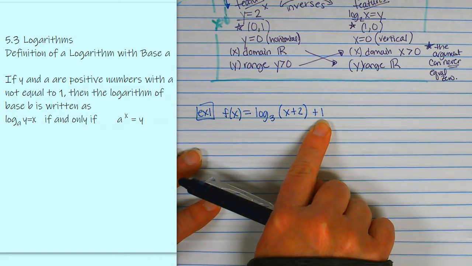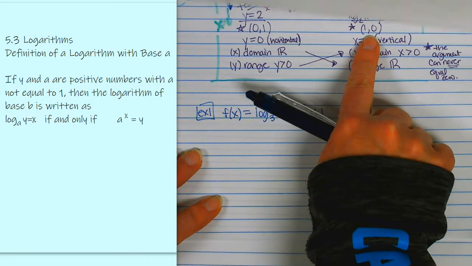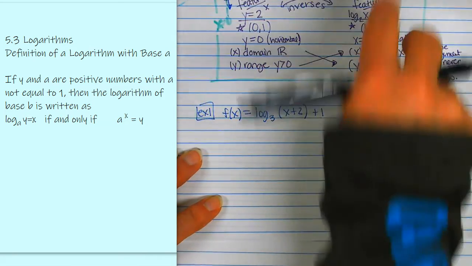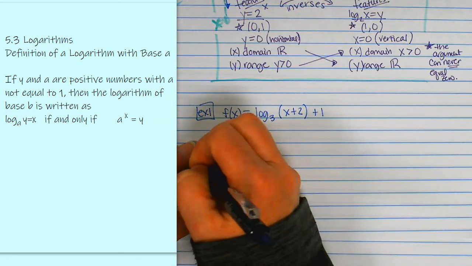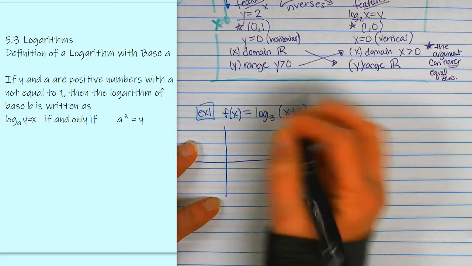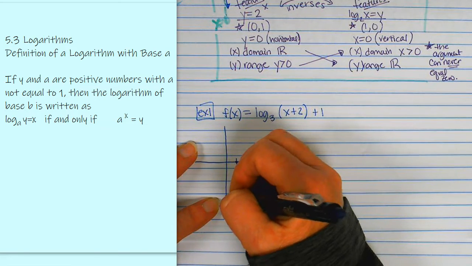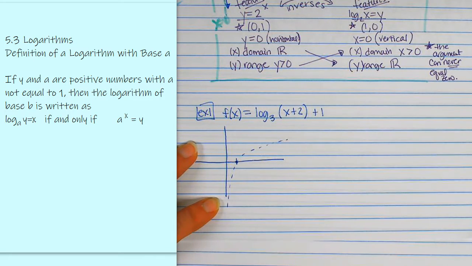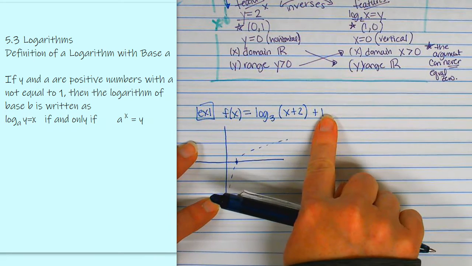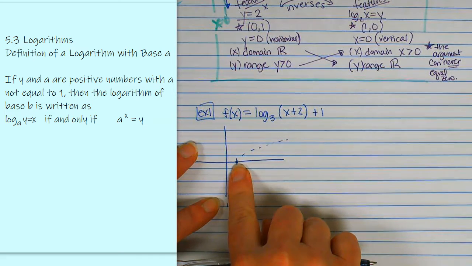In other words, this normally has a starting position of 1, 0. So if you want to look at what the original logarithmic equation is going to look like, it normally starts here, and I'm going to draw it faintly. It goes up like this, like so. This one is going to be shifted, so I'm going to know I start here and then shift from there.